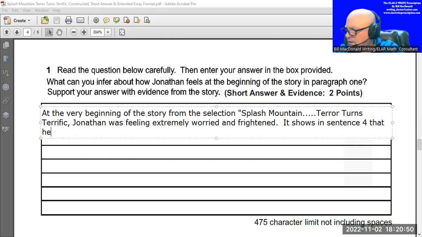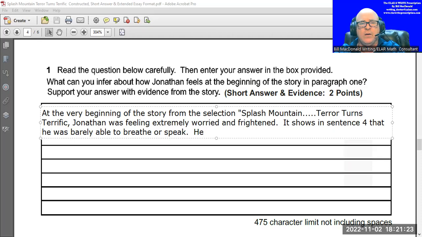So that he was barely able to breathe, and that I'm going to have a combined compound predicate, or speak. Because it said that nothing could come out of his mouth. And right now I'm paraphrasing and I don't need to use quotation marks.